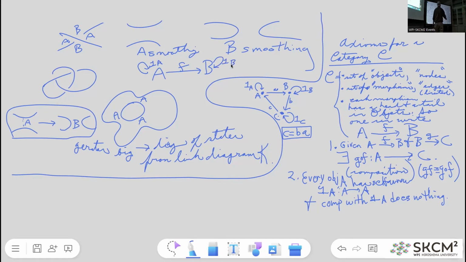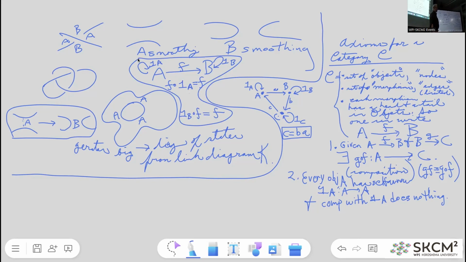So what I mean when I say it does nothing is that if I started in A and did the identity arrow for A, and then did F, that's still going from A to B, and this is the same as F. On the other hand, I could take the identity on B and run it on the result of doing F. And that takes me from A to B, and that will also be equal to F. So this is what I meant by does nothing. It acts like the identity.